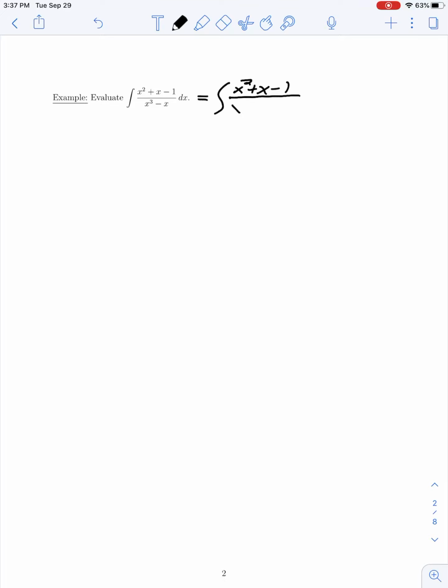So for this denominator, I see that I could factor out an x, and I would be left with x squared minus 1. But then that x squared minus 1 quadratic can be factored as the product of x plus 1 and x minus 1. So by factoring my denominator as far as possible, I see that it consists of 3 distinct linear factors: x, x plus 1, and x minus 1.